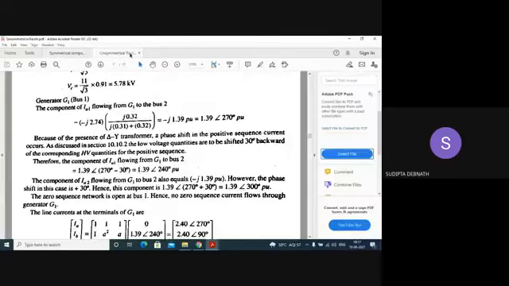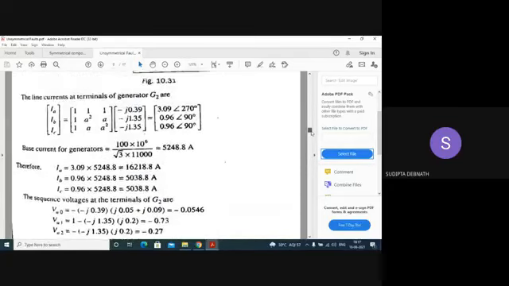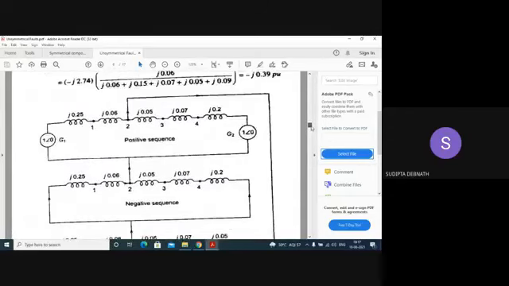Similarly, here for positive sequence, you have to subtract 30 degree because there will be 30 degree lagging. From delta to star, if it is 30 degree leading, from star to delta conversion, it will be 30 degree lagging for positive sequence. And for negative sequence, it will be 30 degree leading. See, for negative sequence, what are the values you have got?